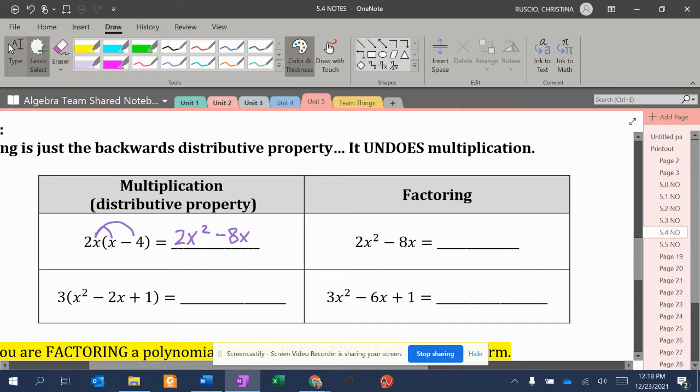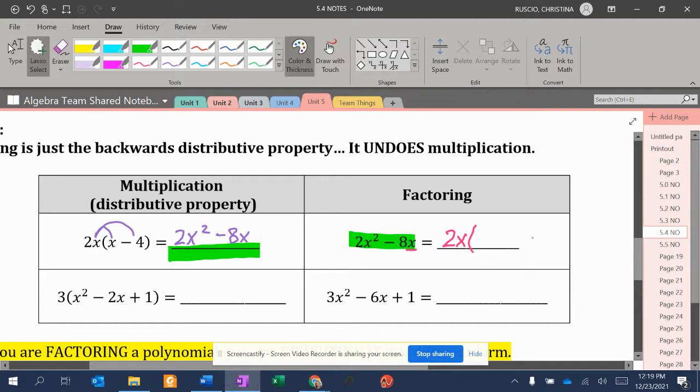When we factor, we actually start with this. You see that there? What we're going to try to do is find the GCF of 2 and 8. Well, 2 is the biggest number that divides evenly into 2 and 8, and I can't take more than just a plain old x out, because if I do, this term here won't have another x to give.